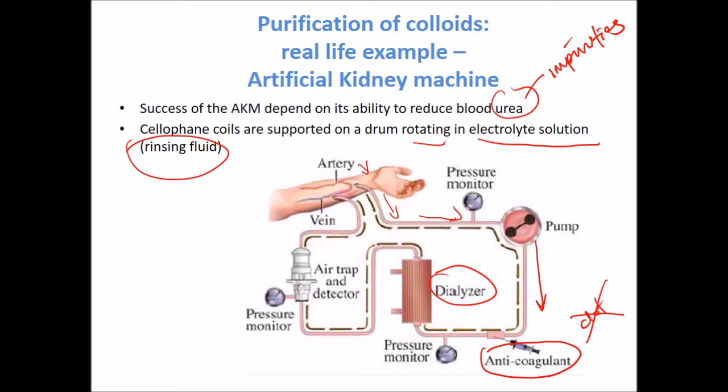After the urea, glucose and any unwanted impurities have diffused out, it is pumped back to a vein and back to the body.